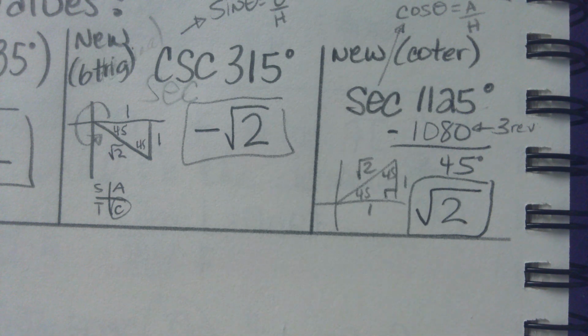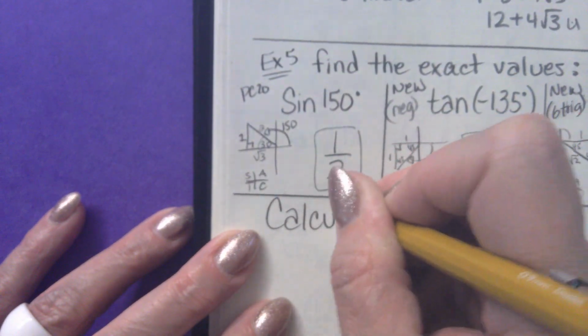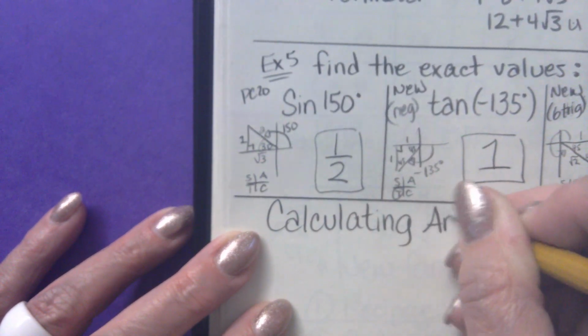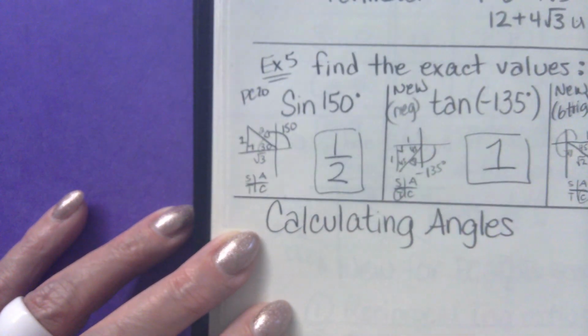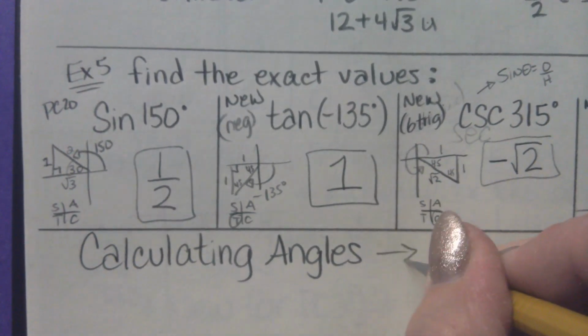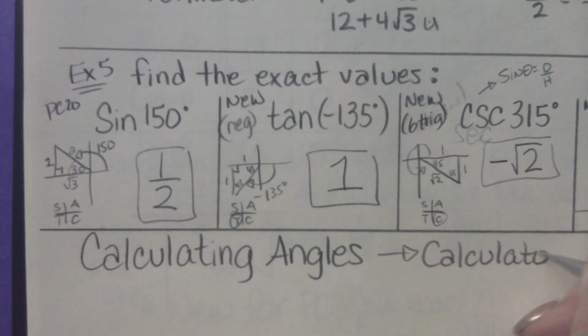Now, the last thing that you should be able to do is the thetas. So calculating angles. And there's a few yet. Calculating angles. All right. So this one you need a calculator for.